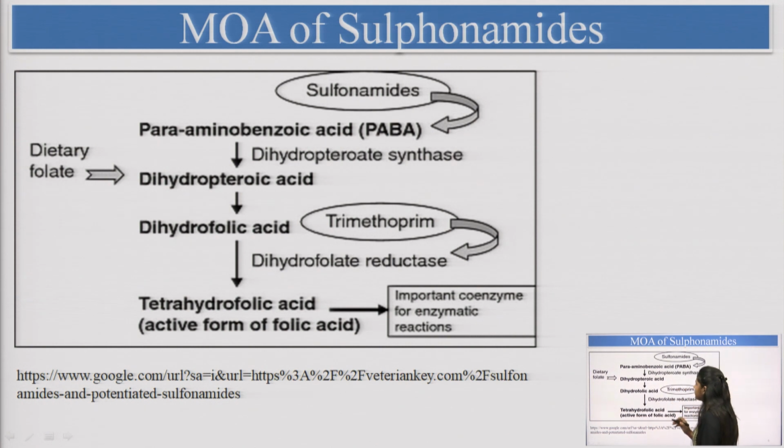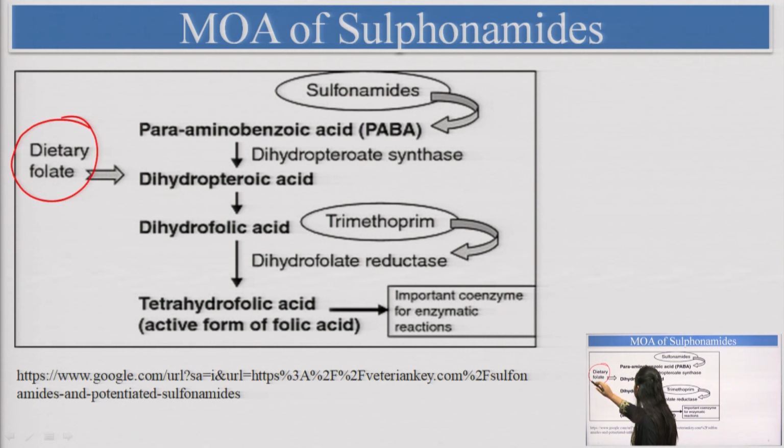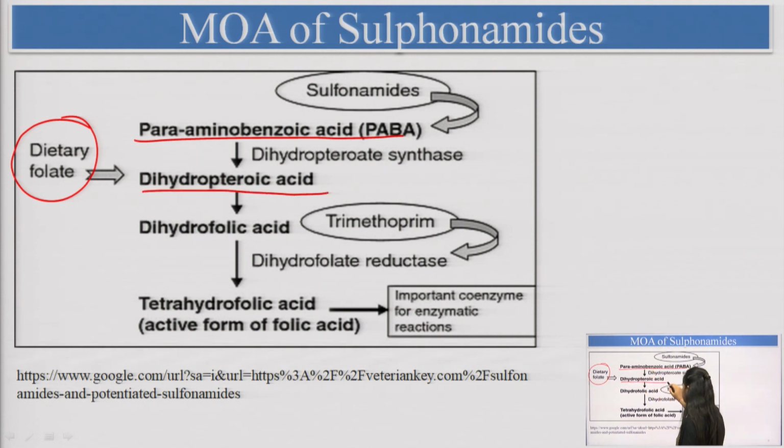Now, see this chart. This diagram shows how Dapsone works. With dietary folate, para-aminobenzoic acid, PABA, is converted into dihydropteroic acid by the enzyme dihydropteroate synthase. Now, dihydropteroic acid is converted into dihydrofolic acid.